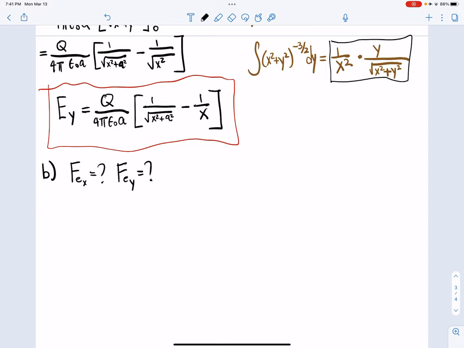Well, the good news is the electric force, right? This maybe you should know or have in your cheat sheet, but the electric force, so force on q, or let's just call that electric force, Fe, is equal to the electric field multiplied by the charge, right?